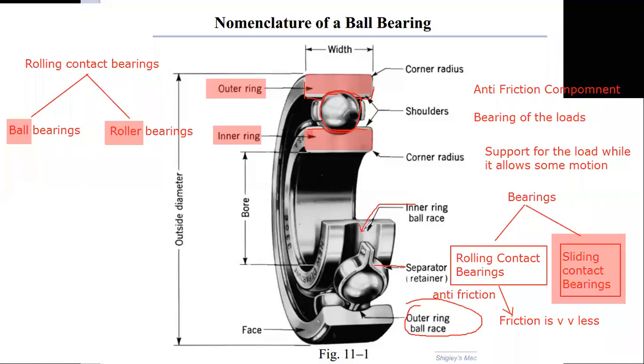The balls basically sit in these grooves, and they race in these, they move in these. ठीक है जी. तो basically when the ball rolls, देखिए, for example, if we look at a ball, this is how it's going to look. ठीक है जी. तो if we consider this surface like this, ठीक है जी.